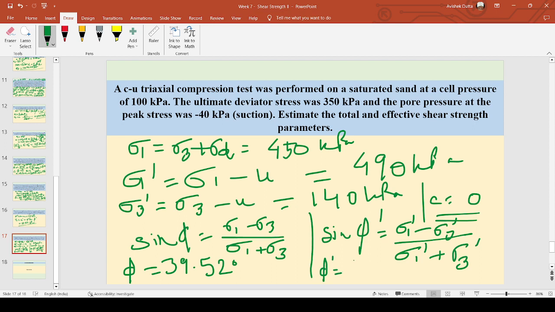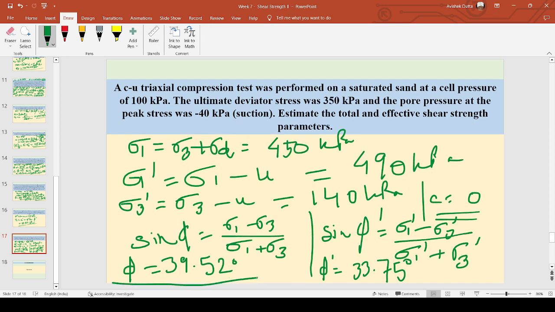We get the value of phi dash as 33.75 degree. So the total stress parameter concerning the angle of friction is 39.52 degree, and the effective angle of internal friction is 33.75 degree.